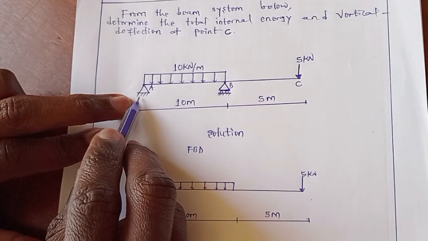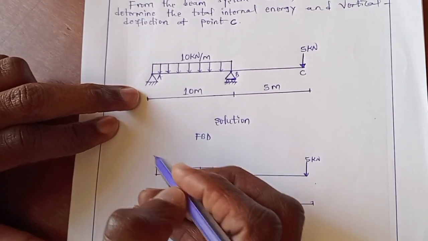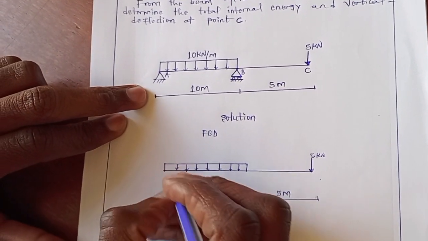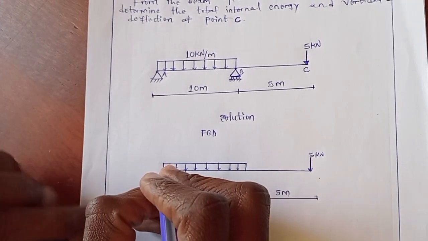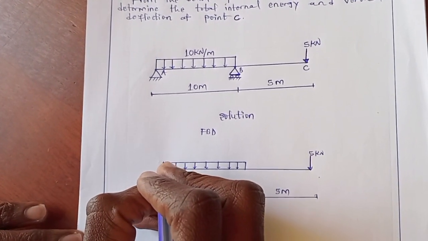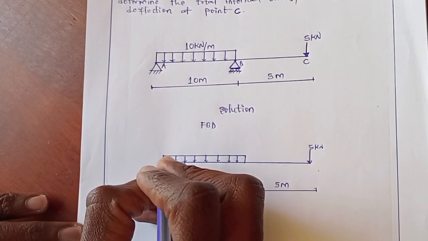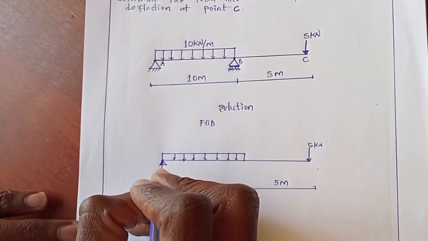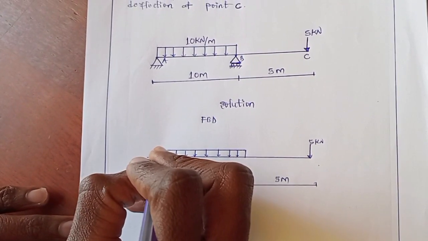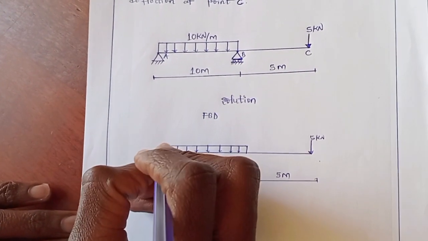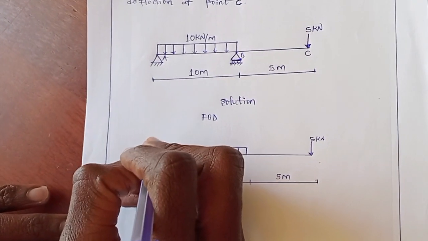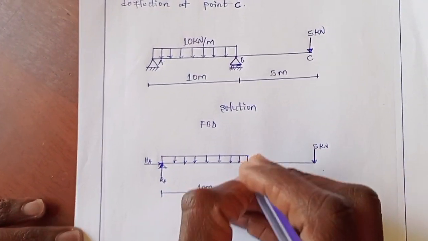This is a pin support, so it is affected by two support reactions. It will be a vertical reaction, let's say RA, and a horizontal reaction at point A, which will be HA.